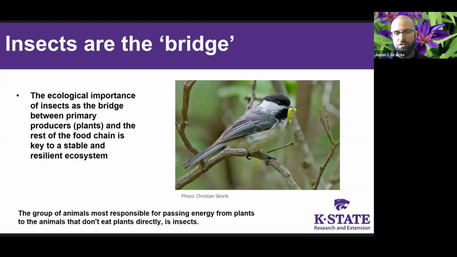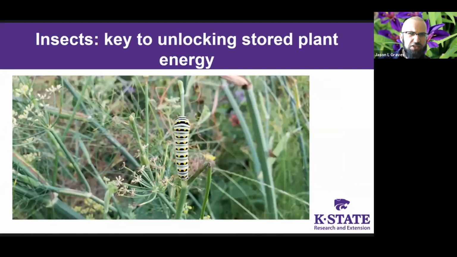And as you can see here in this picture, birds, if you watch them very long, especially when they're raising their young, are going to be consuming caterpillars and worms. They're going to be using these wonderful soft-bodied, protein-rich insects as part of their reproduction. And so really, when we talk about insects in general, we're talking about the key. Insects are the key to unlocking that stored plant energy.